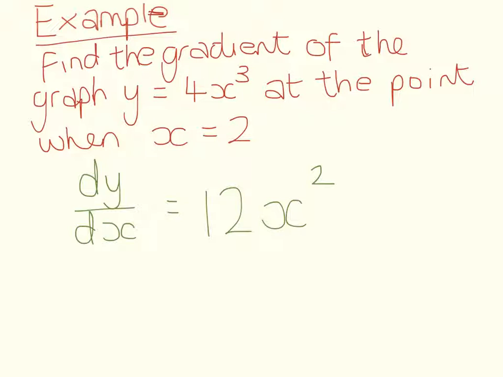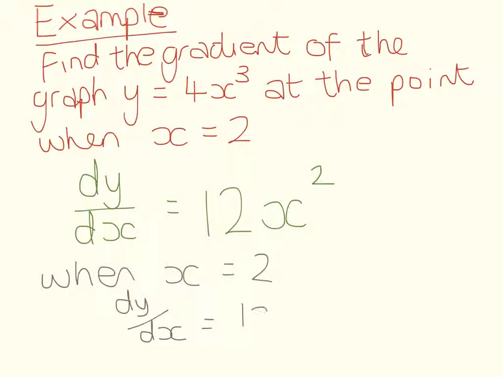So this gives us the general equation for the gradient at any point on this curve. So to work out the gradient when x equals 2, all we're going to say is, when x equals 2, that gradient, dy by dx, is going to be 12 times 2 squared, which will be 12 times 4, so the answer must be 48. So when x equals 2, this gradient is 48.